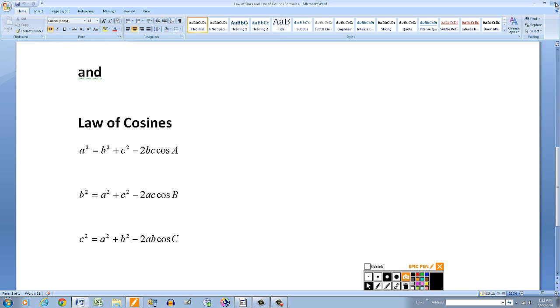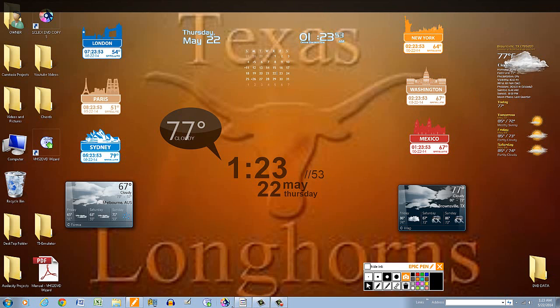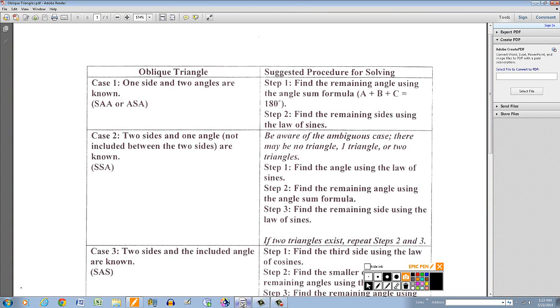Okay. Now let me look with you at this right here. So if you're solving an oblique triangle, that is a triangle that does not have a right angle, I also want you to keep in mind a few things.